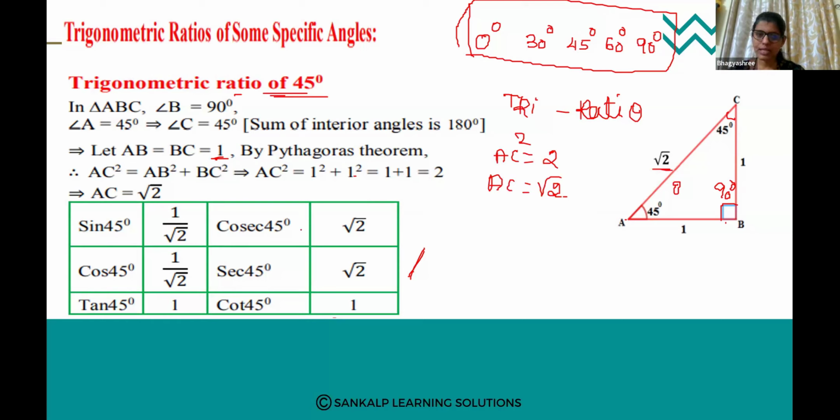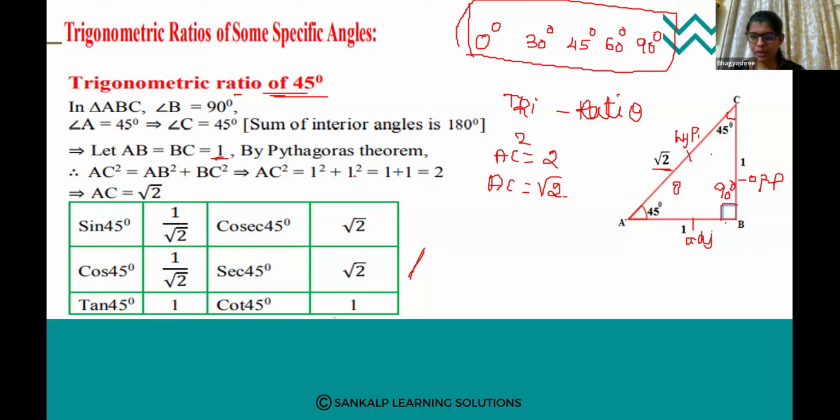Next, sin 45 degree. Let us see all the ratios. Sin theta is opposite divided by hypotenuse. So here this is the opposite side, this is the adjacent side, and this is the hypotenuse. Sin 45 means opposite divided by hypotenuse.